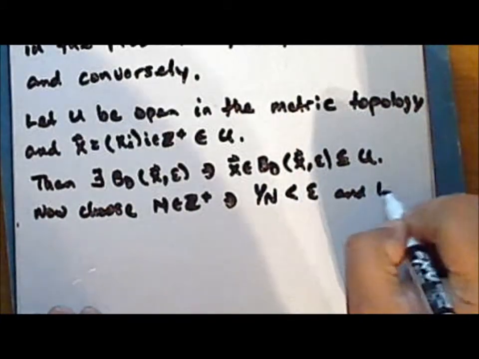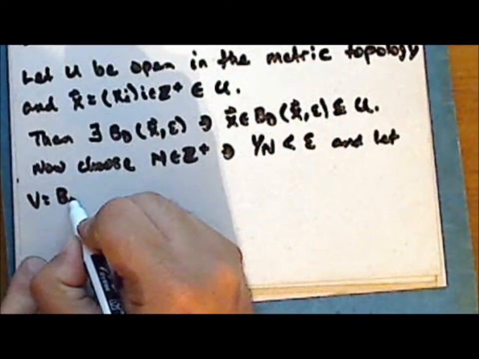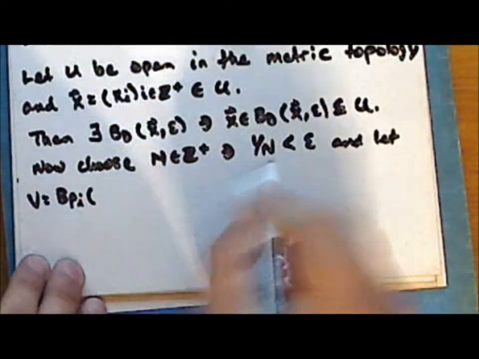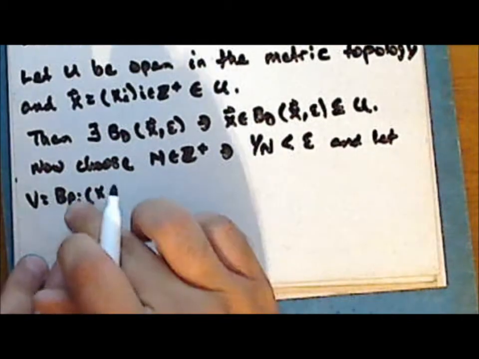And we then let a set V be the product of open balls with the metric rho sub I, let's start with 1.